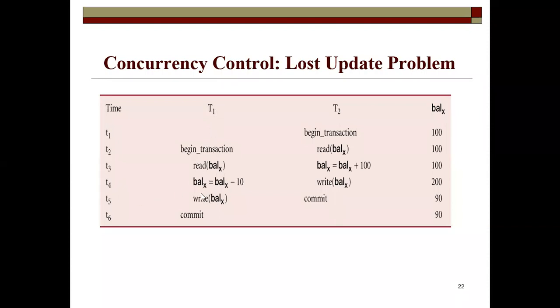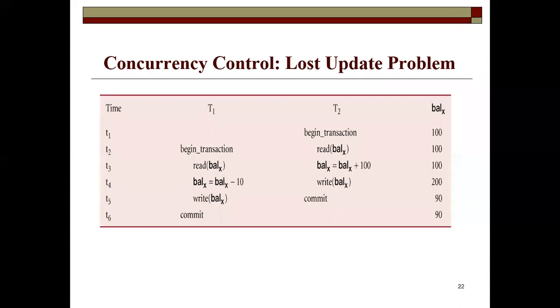Column 2 has the different operations that make up transaction T1, whose goal is to withdraw from account X. Transaction 2 is represented in column 3, where we seek to make a deposit of 100. And the last column 4 represents the running balance on account X.